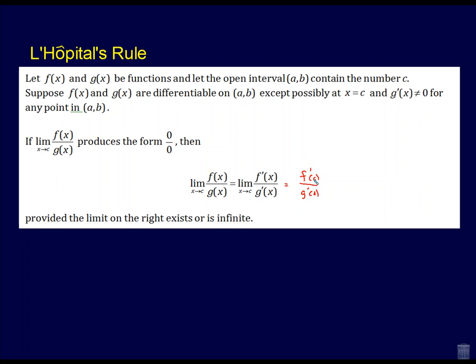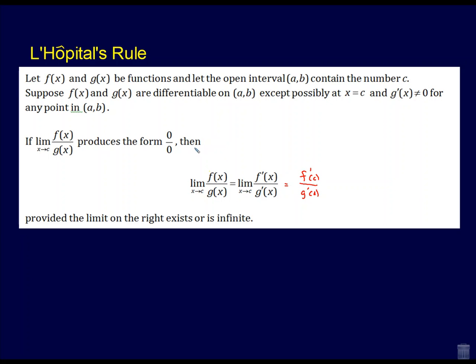If this limit is still 0 over 0, we would cycle back around and apply the rule again. And you might have to go second derivative and second derivative until we get it. So either way, this is a nice way to solve a limit like that: instead of looking at the original limit, if it's 0 over 0, differentiate the numerator, differentiate the denominator, try the limit again.